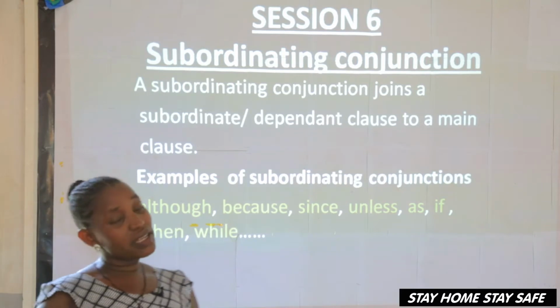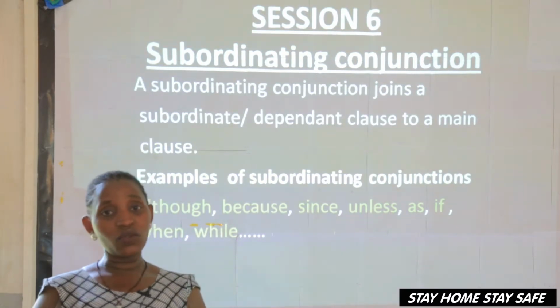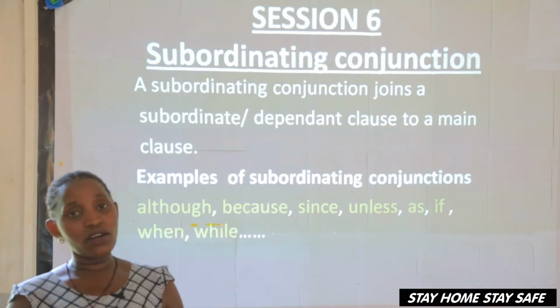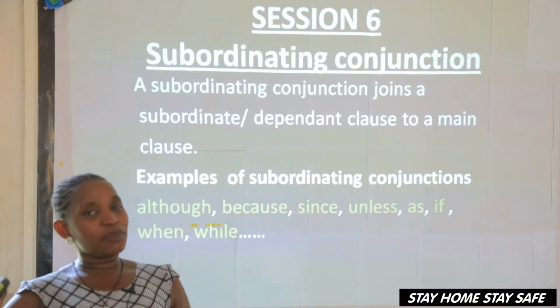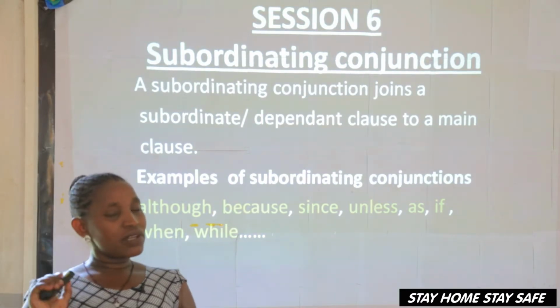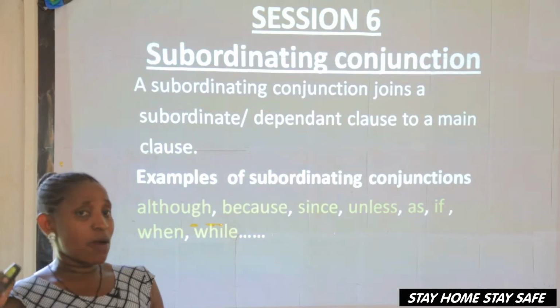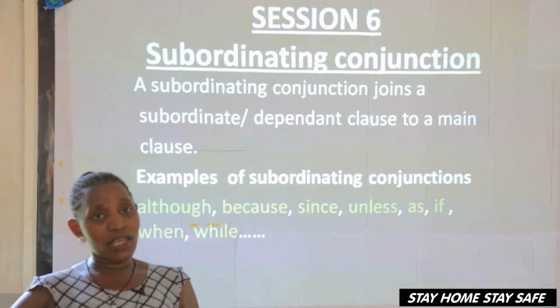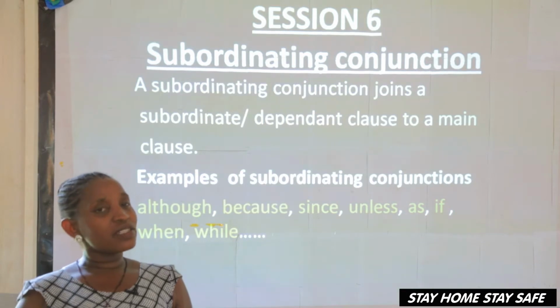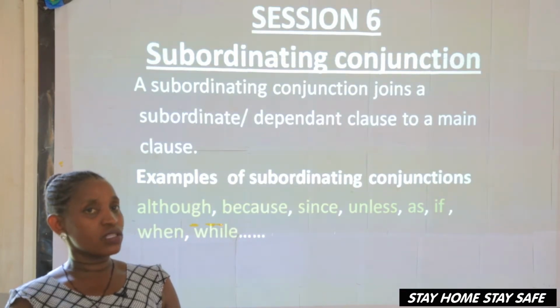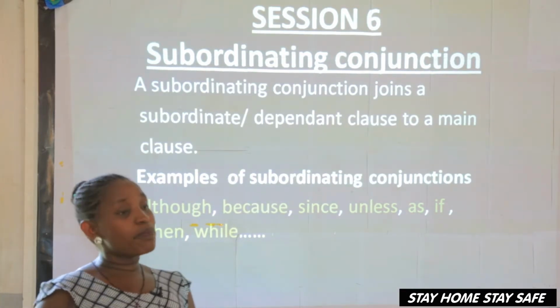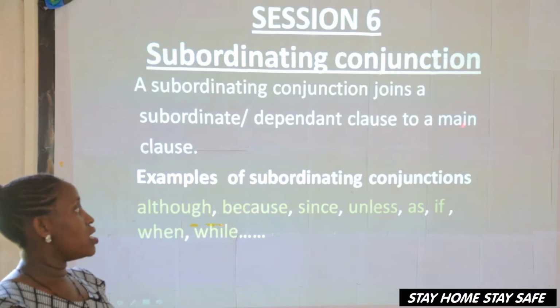In most cases, we have a main clause and then we have a dependent clause. In most cases, this dependent clause explains more about the main clause. It cannot even stand on its own. Rather, it has to depend on the main clause.